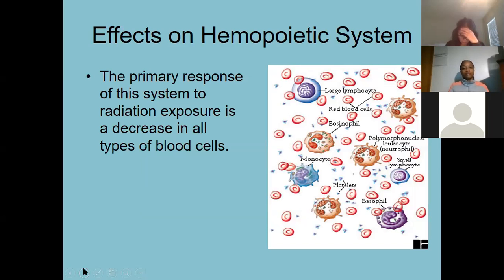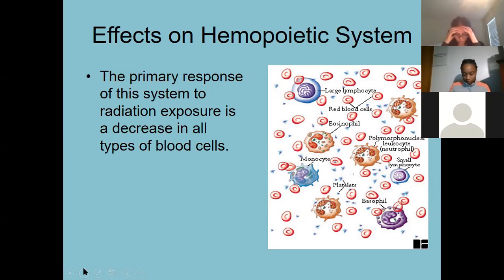Okay, so the next tissues that we look at are the tissues of the hemopoietic system. So these are the blood cells. So the blood cells are formed in the bone marrow. And so if you have a dose level of 25 rads or 0.25 gray, it can cause a decrease in all types of blood cells.